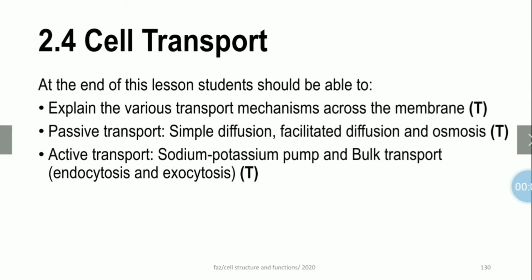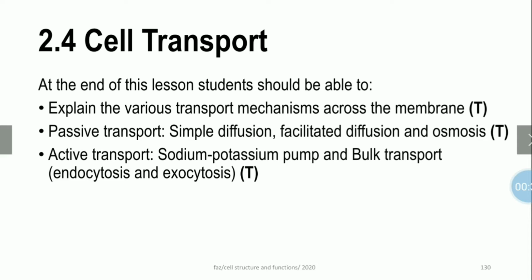So this is the last subtopic of chapter 2, cell transport, which is about the transports across the plasma membrane. As all of you are aware, the plasma membrane is very selective. So at the end of this lesson, you should be able to explain the various transport mechanisms across the membrane, which include passive and active transport.